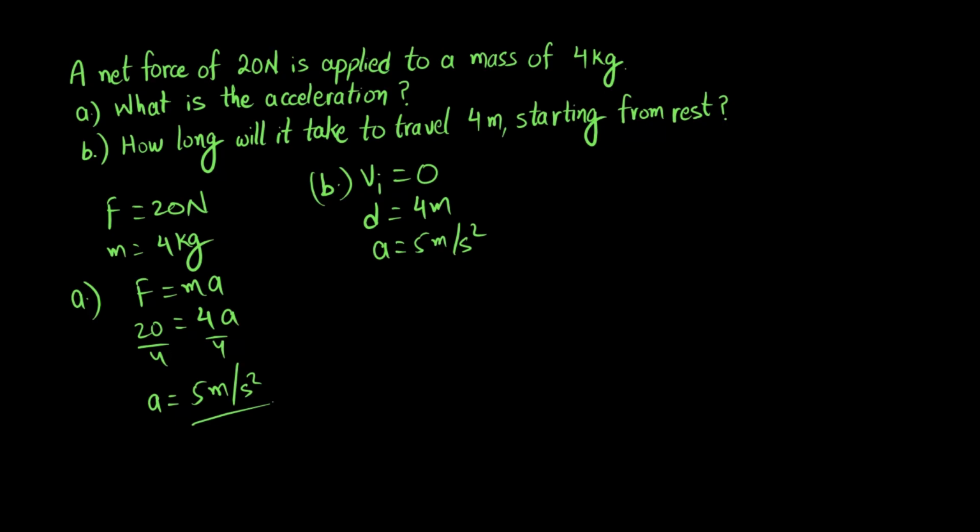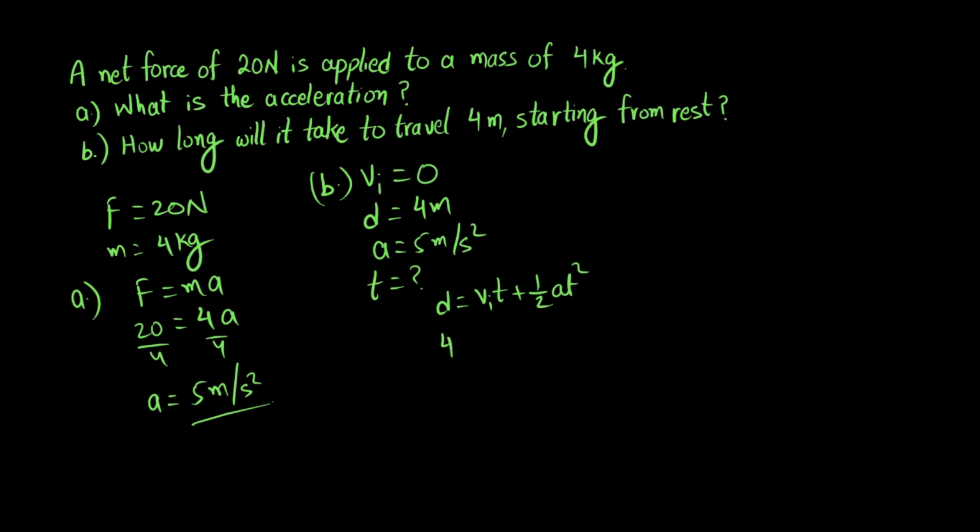And we are trying to find how long it will take, so the time. We will use one of the equations of motion. d equals V initial t plus half at square. I'm using this formula because this involves all the given information. We have V initial right here, we have d right here, we have a right here, and t is the only unknown. Let's plug in values.